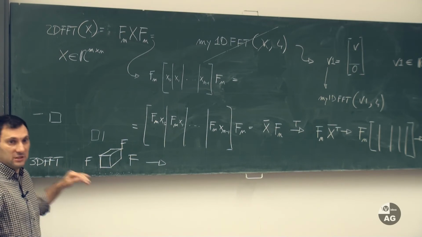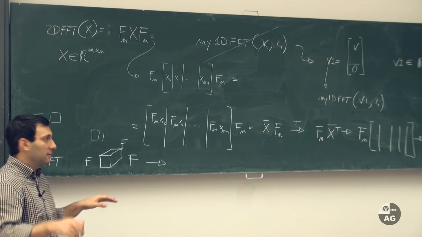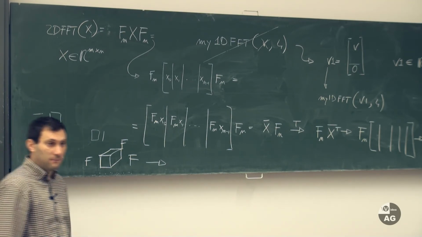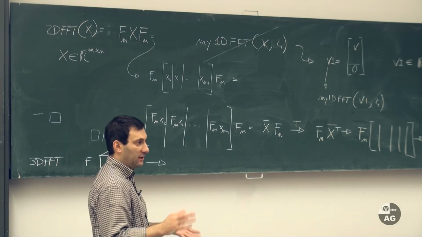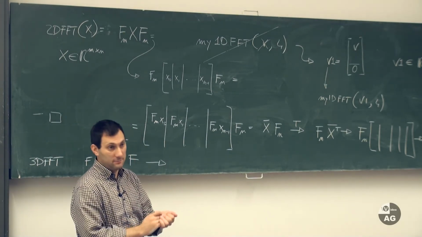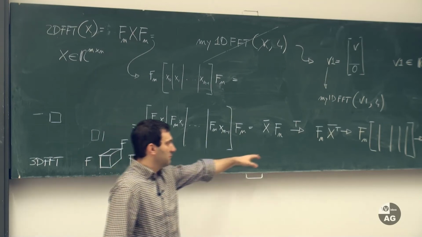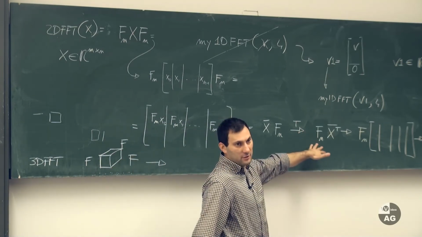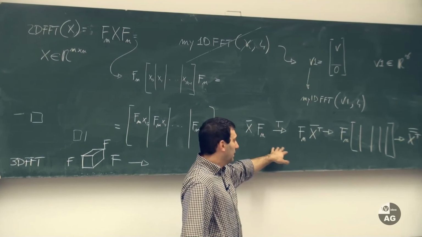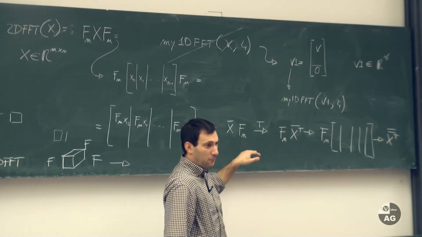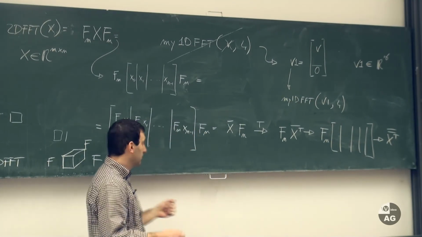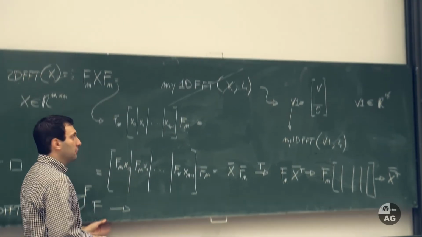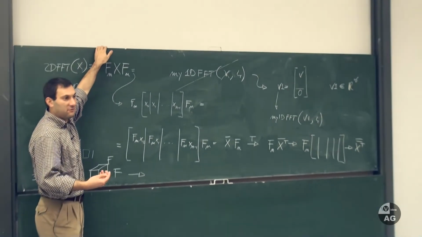This is just to say that you can compute anything in terms of one-dimensional FFT. This is not at all to say that that's the way it should be done. In fact, the performance of this is terrible, especially when you move to parallel computing. This is the way of not doing it. So what is a better way of doing the 2D FFT or 3D FFT?